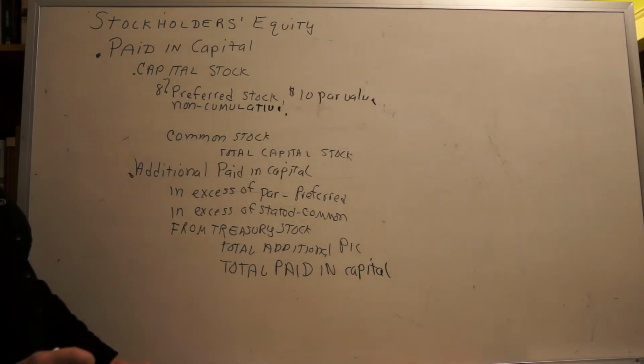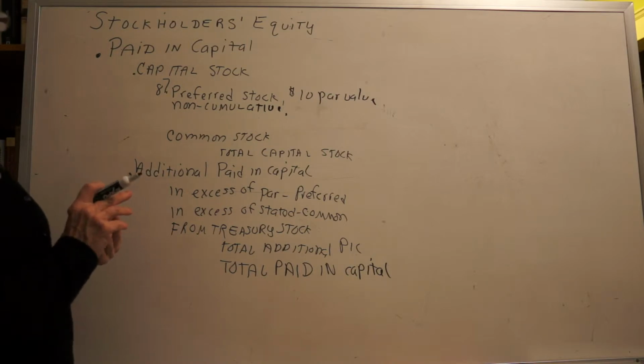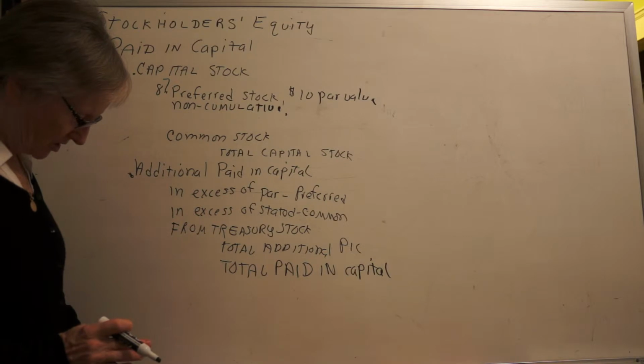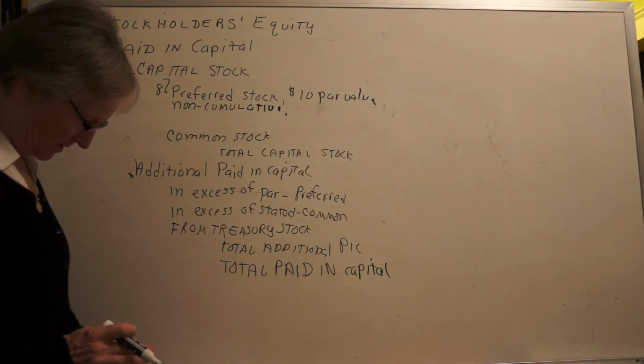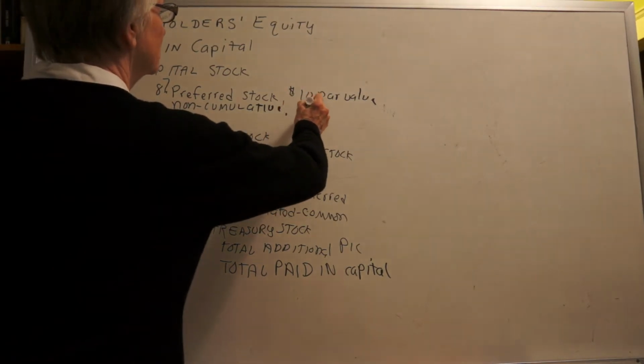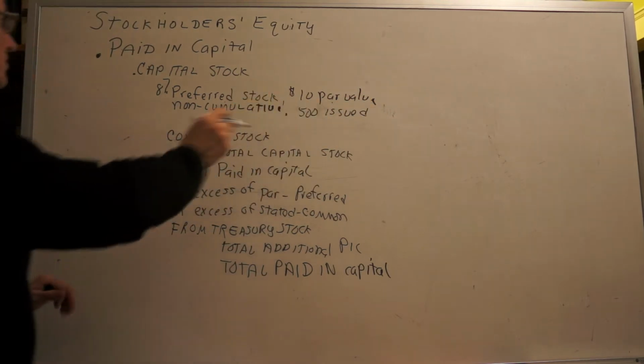Typically we should say how many shares are authorized, issued, and outstanding, but they won't always give you all of those. Here they just tell you that there are 500 shares issued, so we would assume they're issued and outstanding.